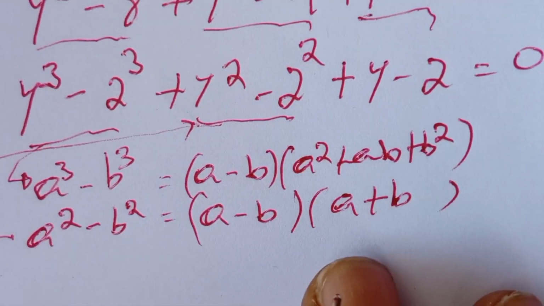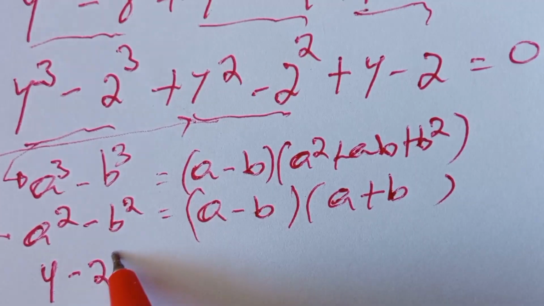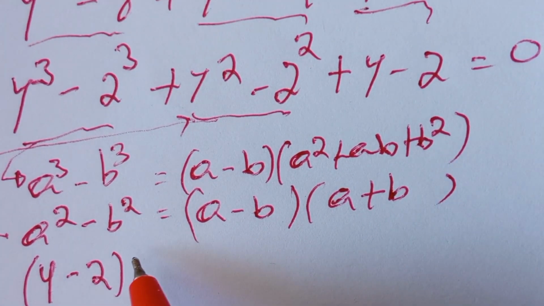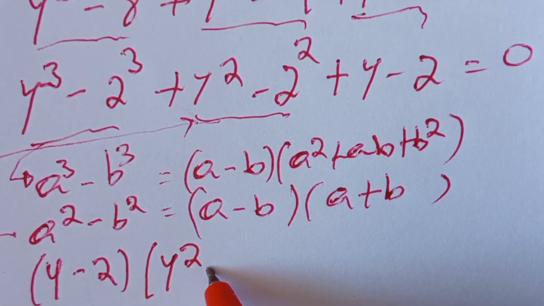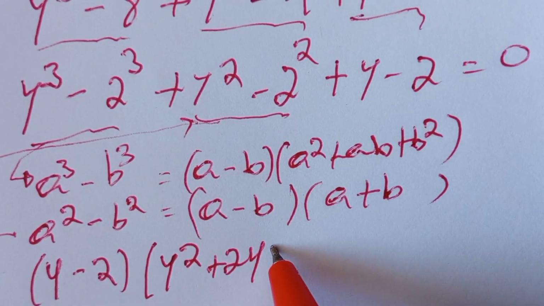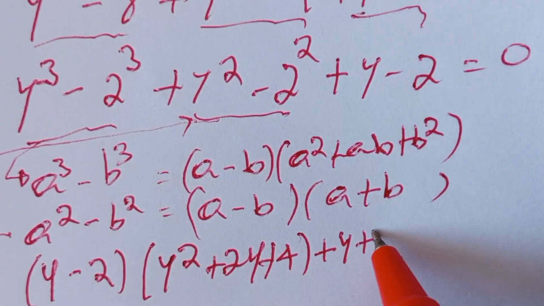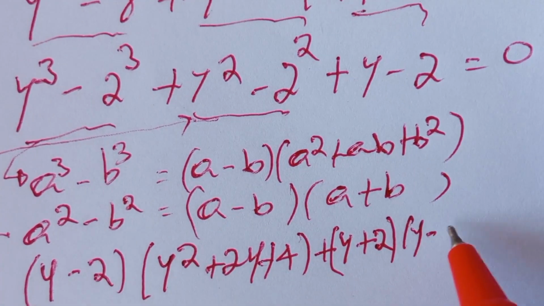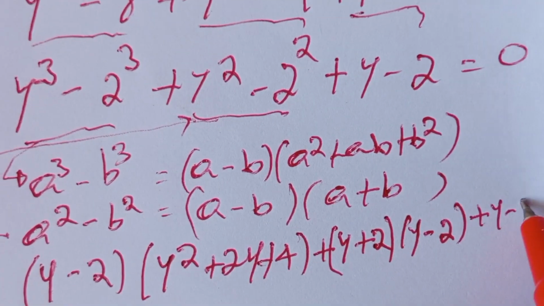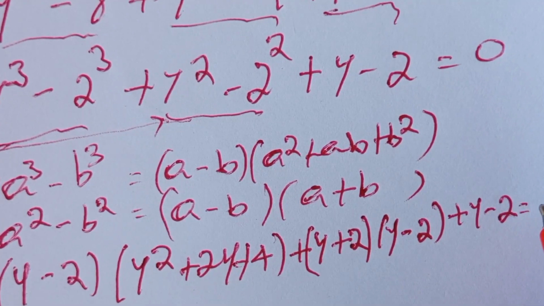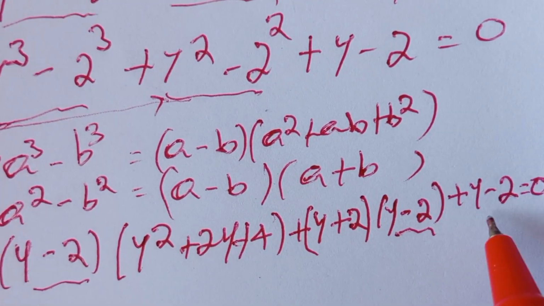Based on this, y minus 2 into y squared plus 2y plus 4, plus y minus 2 squared term, plus y minus 2, is equal to 0, with a common factor of y minus 2.